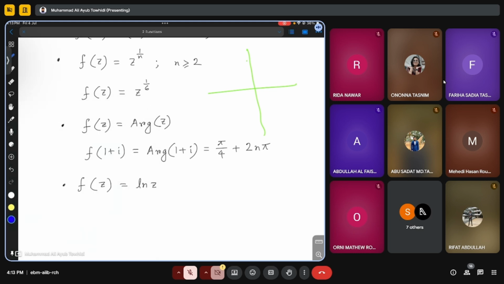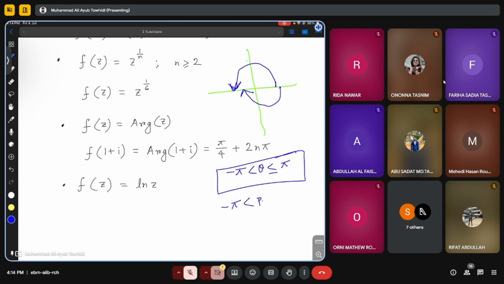Principal argument is the angle from the positive real axis, the smallest angle, from here to there. So the range of principal argument is minus pi less than principal argument less than or equal to pi. So this is a single valued function.